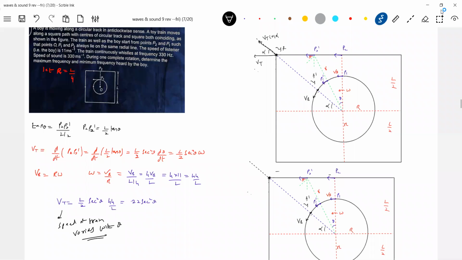Okay, now this will be Vt. Again the angle, this is alpha. So the component of velocity will be Vt sine alpha. It will generate a signal f. It will be received at f double dash. I think which will be minimum and which will be maximum. This will be maximum. Am I right? And this should be the minimum.